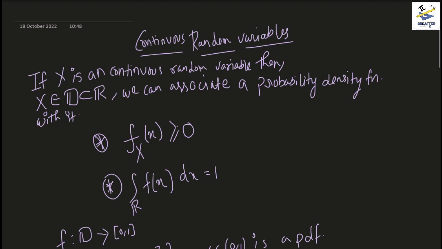The PDF that we are going to associate will look like f subscript capital X, and f of x basically, and this PDF would be something which will satisfy the properties that it will be greater than or equal to 0, and that the integral over all the values of the function, that is the integral over the whole real line, would always give you a 1, that is the total probability is 1.